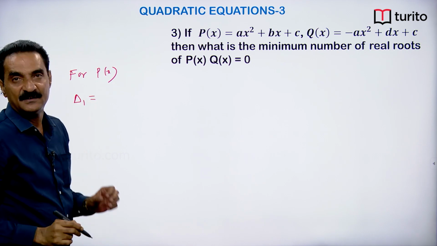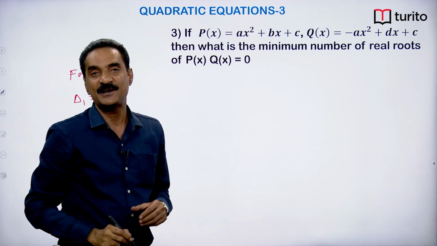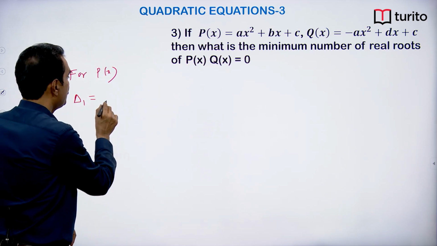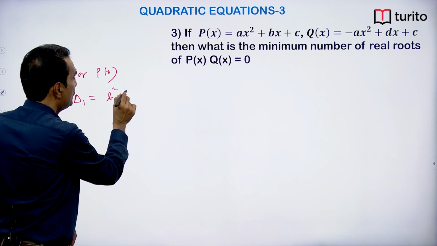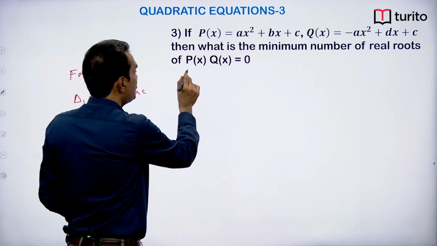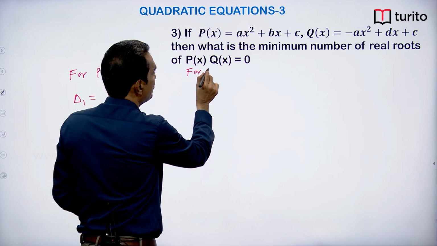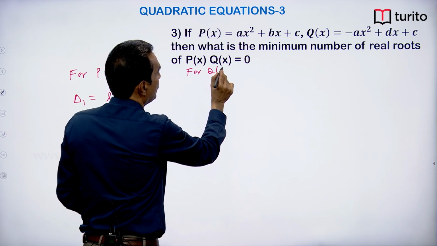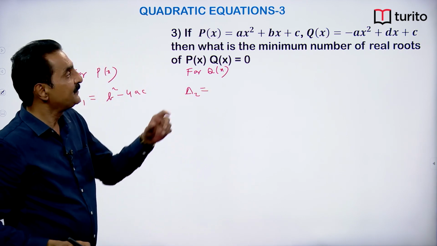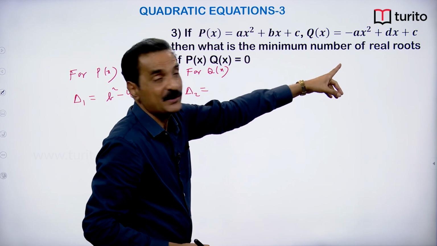Let us take delta 1 as discriminant of p of x. It is b square minus 4ac. And for q of x, delta 2 discriminant is d square plus 4ac.